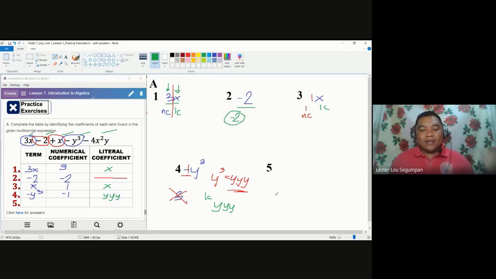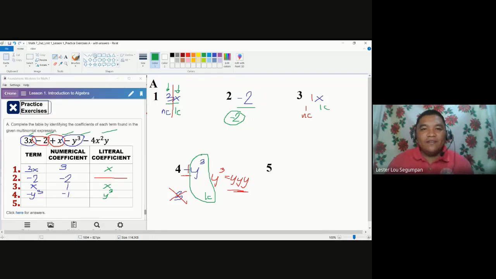But we already have its condensed form in terms of an exponentiation. So our literal coefficient is y cubed. Take note, 3 is again a numerical figure, but it's not a numerical coefficient. It is actually part of the literal coefficient, which means there are 3 y's. So instead of writing y, y, y, simply write y cubed.